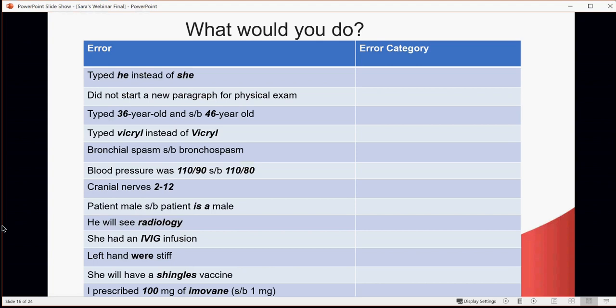Okay, so we didn't start a new paragraph for a physical exam. What kind of an error would that be? And some of these on this page are not errors. All right, so we typed 36-year-old, and it should be a 46-year-old. That'd be a critical or a major.